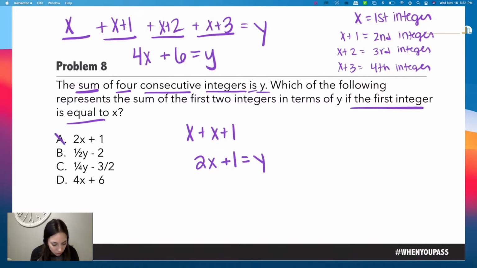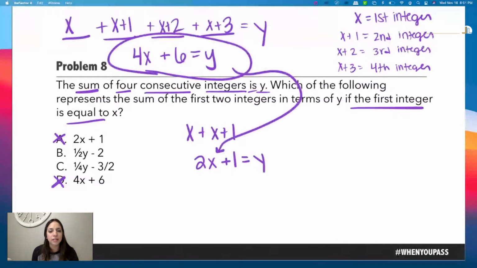So it's not going to be A or D, because in those, the x is the star of the show. How do I get this to be in terms of y? Well, I need to plug in a y value for the x. So I'm going to simplify this and plug that in for x.